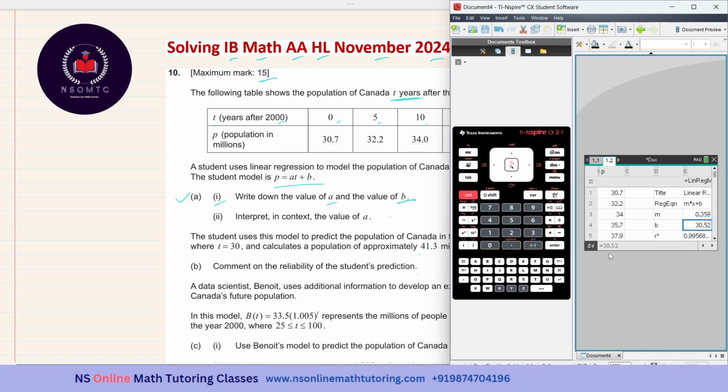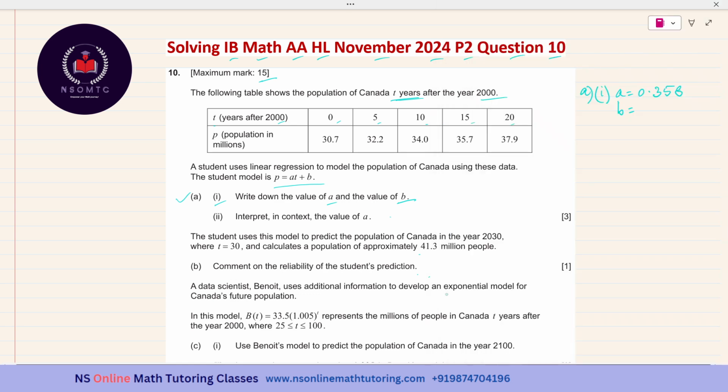Correct to 3 significant figures, it is 30.5.